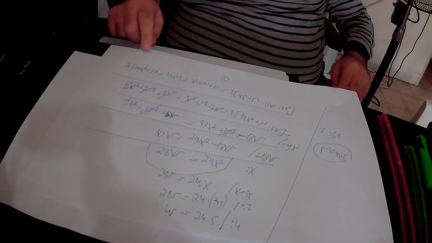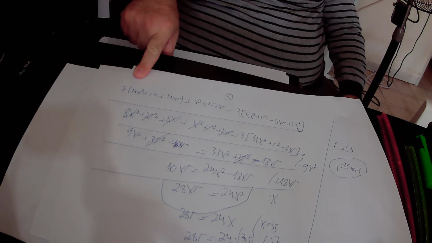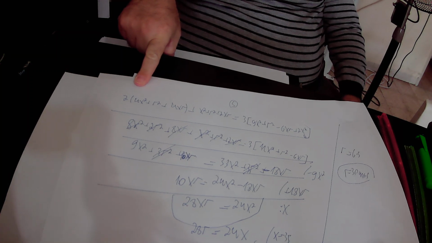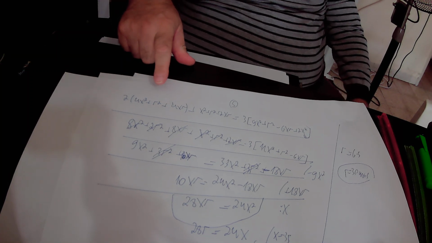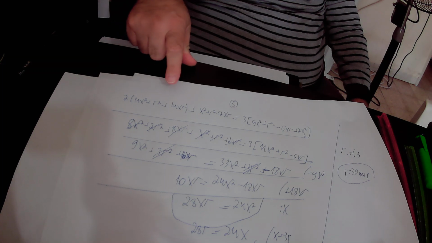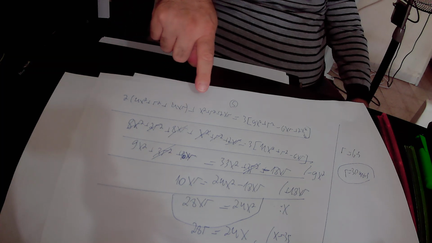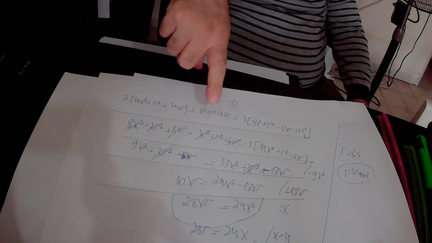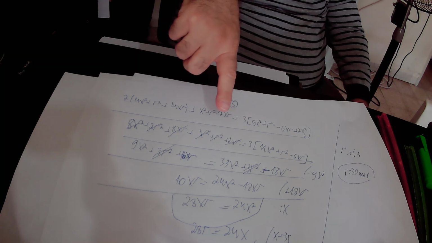Here we open the brackets. 2 times 4x squared is 8x squared, 2 times r squared is 2r squared, and 2 times 4xr is 8xr, plus x squared plus r squared plus 2xr.